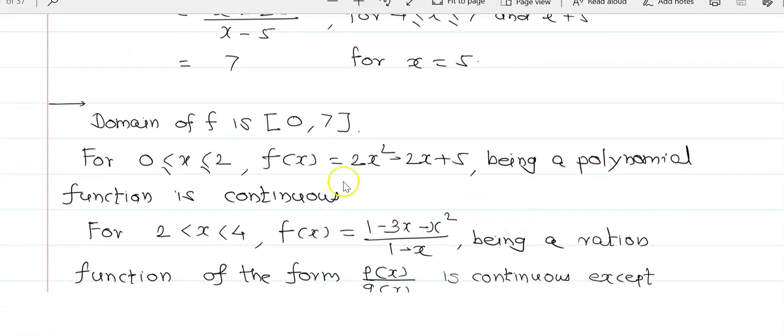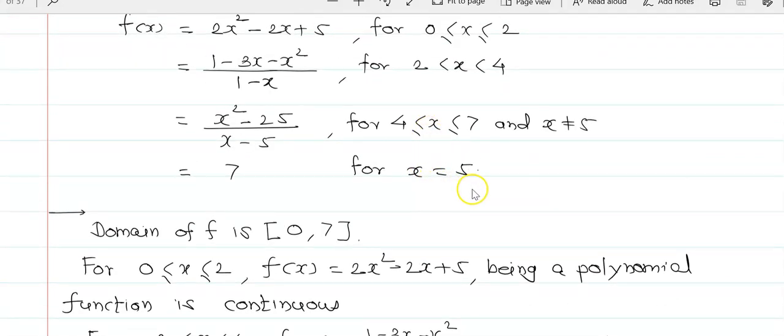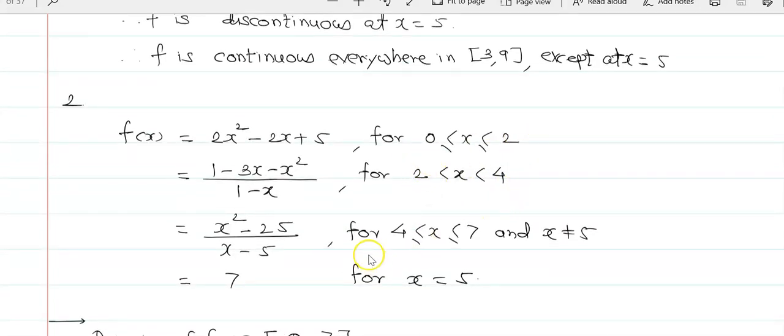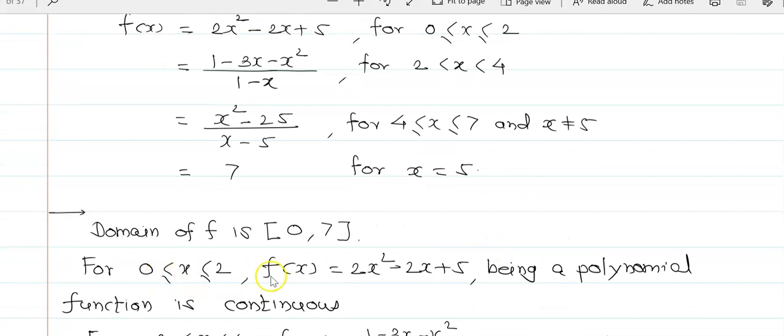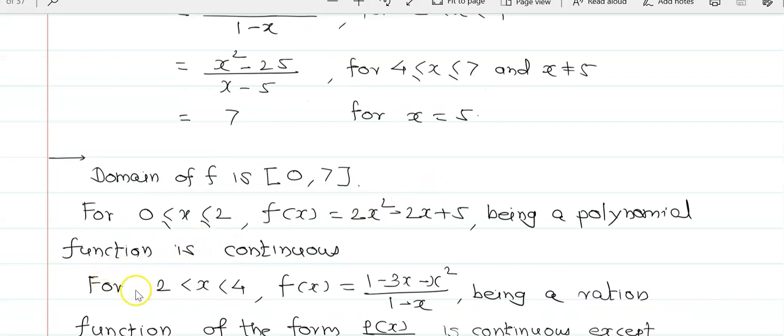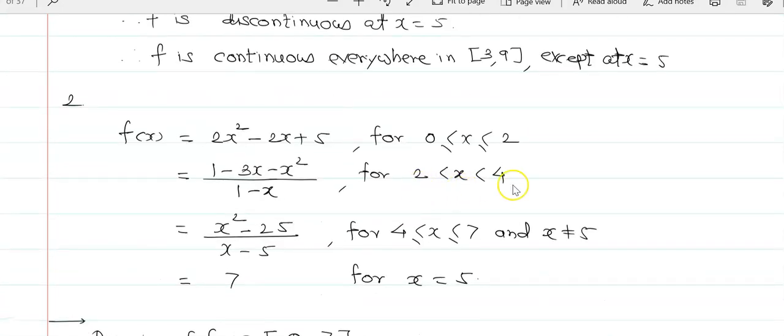The domain of f is 0 to 7, split up in this manner: 0 to 2, 2 to 4, 4 to 7. For 0 to 2, being a polynomial function, it is continuous, no problem. And 2 to 4, again it is continuous.